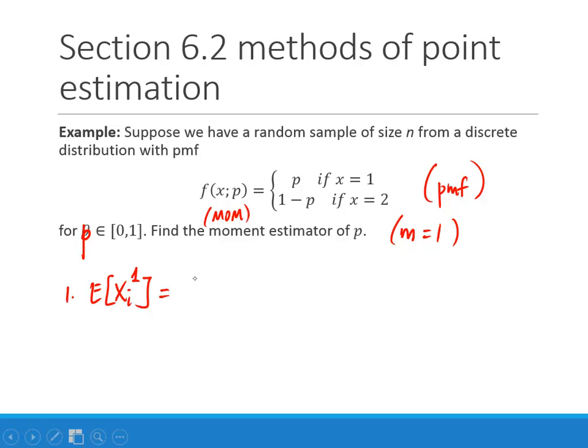Okay. So again, we're back in chapter 3. We're finding the expected value of a discrete random variable. So this is just taking the value x can take on times its probability. So that's when x equals 1, that has probability p. And x can equal 2 with probability 1 minus p. And so this is 2 minus p, is our expected value.